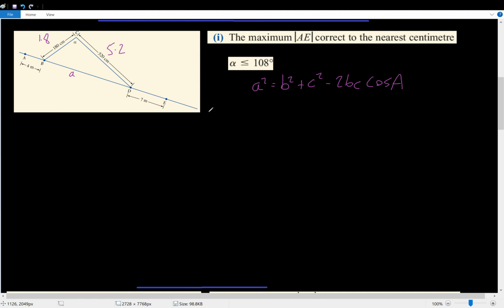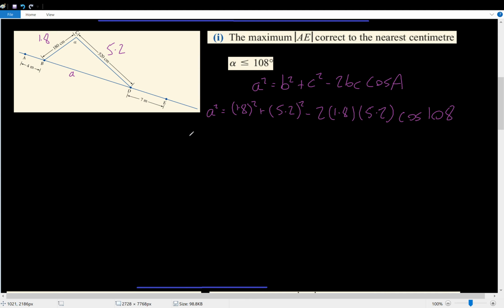Alright, so we're going to fill in the details that we have. So we have A squared is equal to 1.8 squared plus 5.2 squared minus 2 times 1.8 times 5.2 times the cos of 108 degrees, like that.